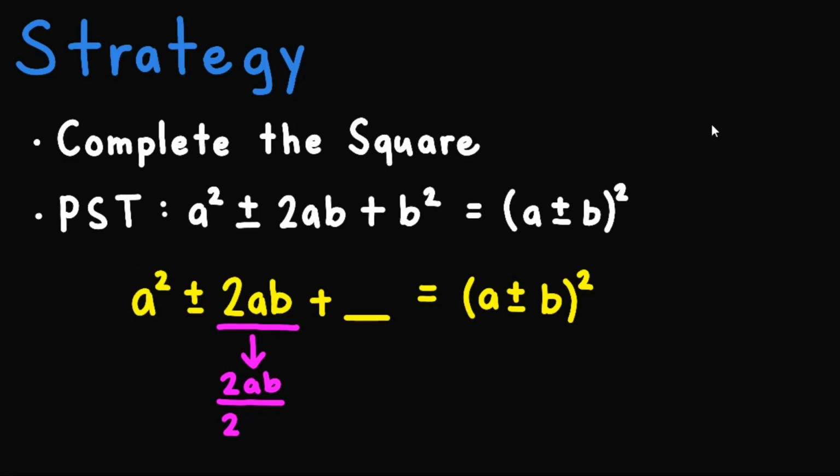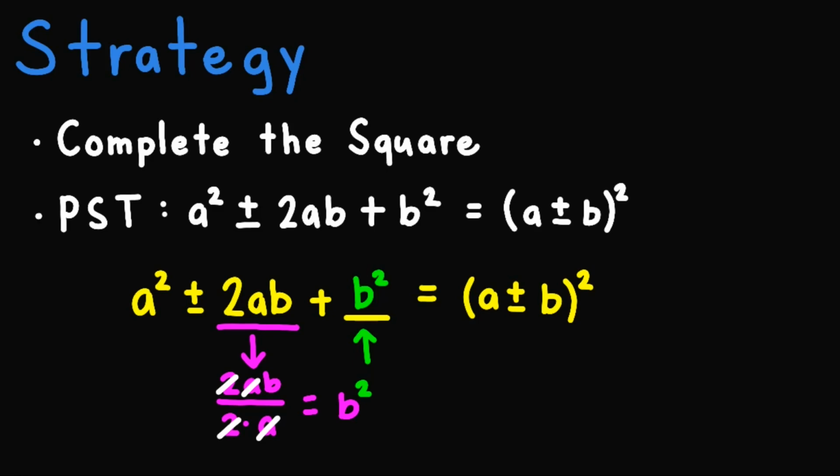So getting the square root of a squared, we have a. And so dividing by 2 and a, we get b. Then squaring this one, we get b squared. So that is the idea behind completing the square.